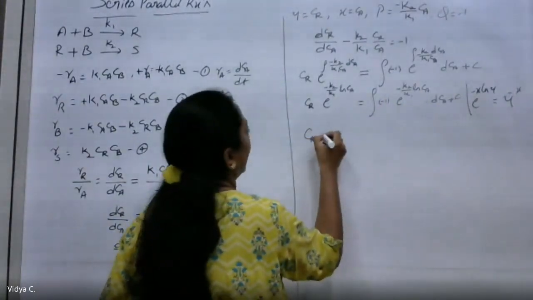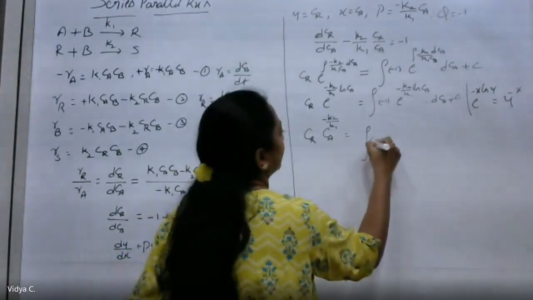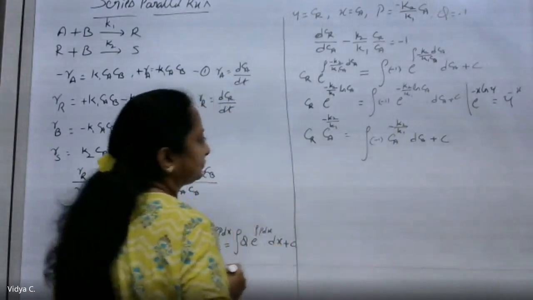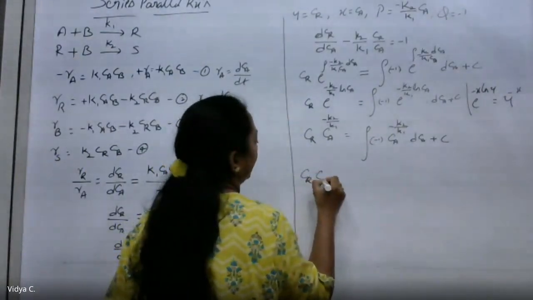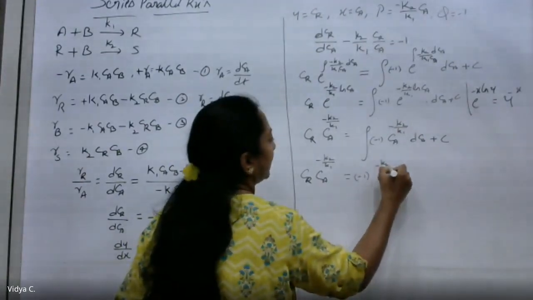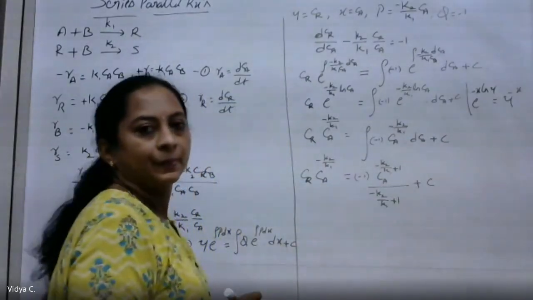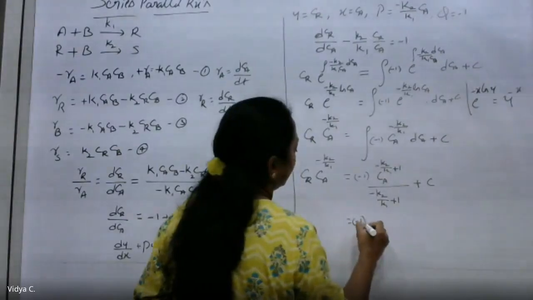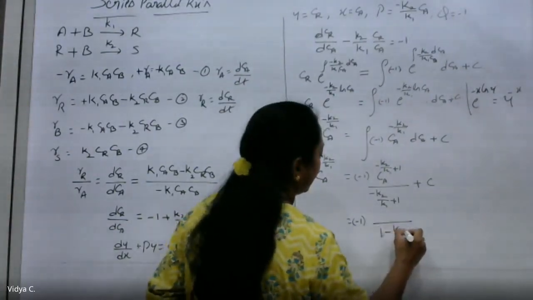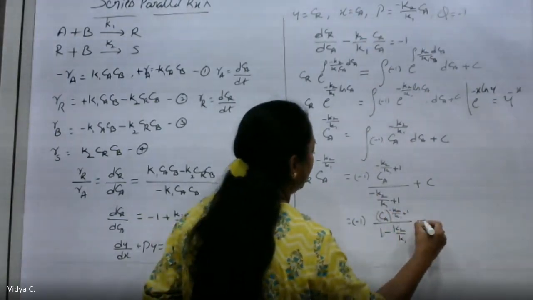So I can write this as CR into CA to the power of minus K2 by K1 is equal to integral of minus 1 CA to the power of minus K2 by K1 into dCA plus C. The integration will be minus 1 into CA to the power of minus K2 by K1 plus 1, divided by minus K2 by K1 plus 1, plus C. So this will be minus 1 into 1 by 1 minus K2 by K1 into CA to the power of minus K2 by K1 plus 1, plus C.